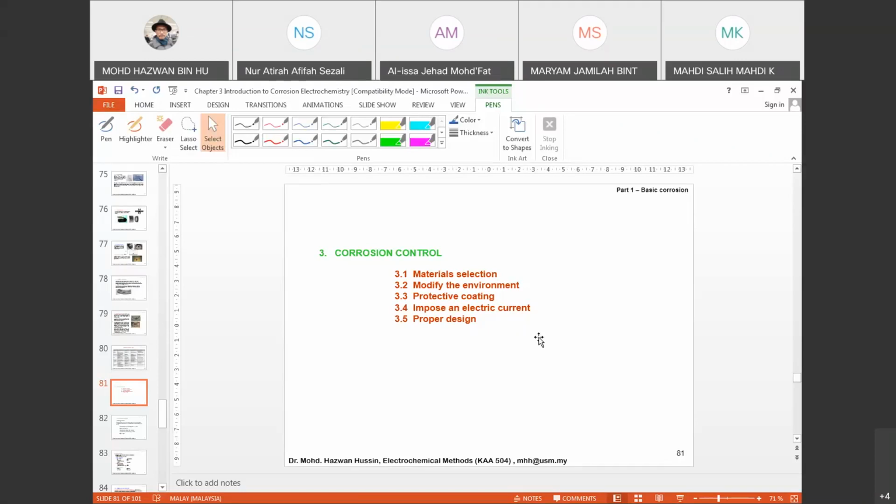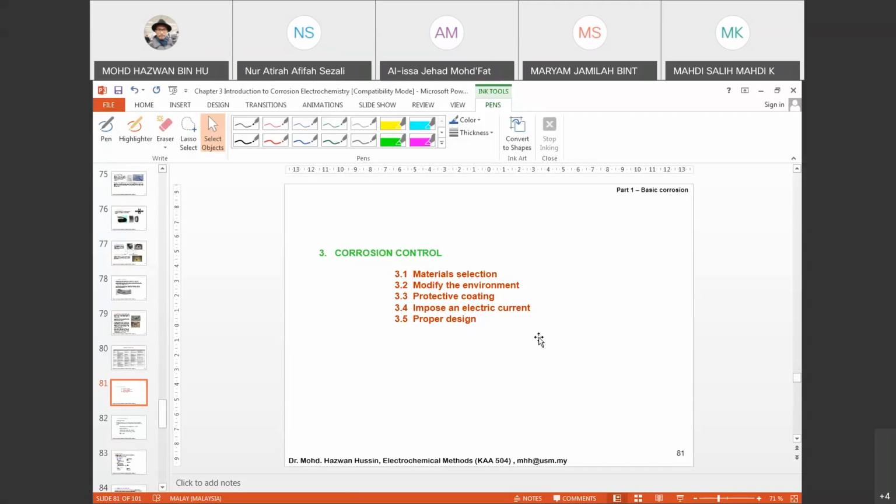In a corrosion process, sometimes it can be a combination of all. It does not mean that one material will undergo only one specific type of corrosion. It can be a combination as well. Of course, it depends on the environment and the types of materials or metals that we are dealing with. Sometimes you can see that a material will experience pitting corrosion, and at the same time it can also experience stress cracking corrosion if, let's say, it has been subjected to some mechanical effect.